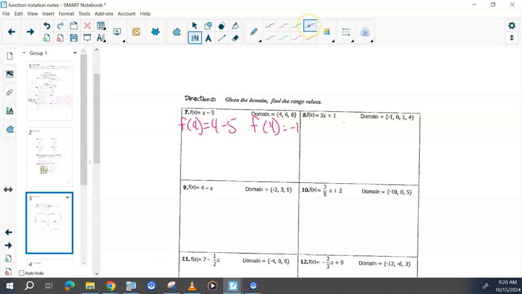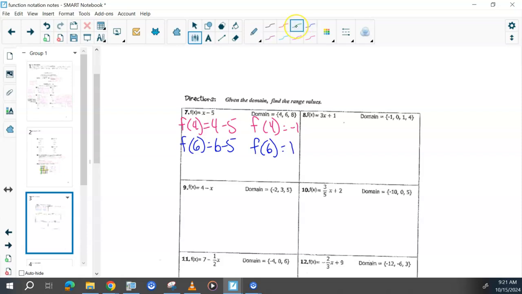And then the next one, f of 6, and figure out what that would be. 1.